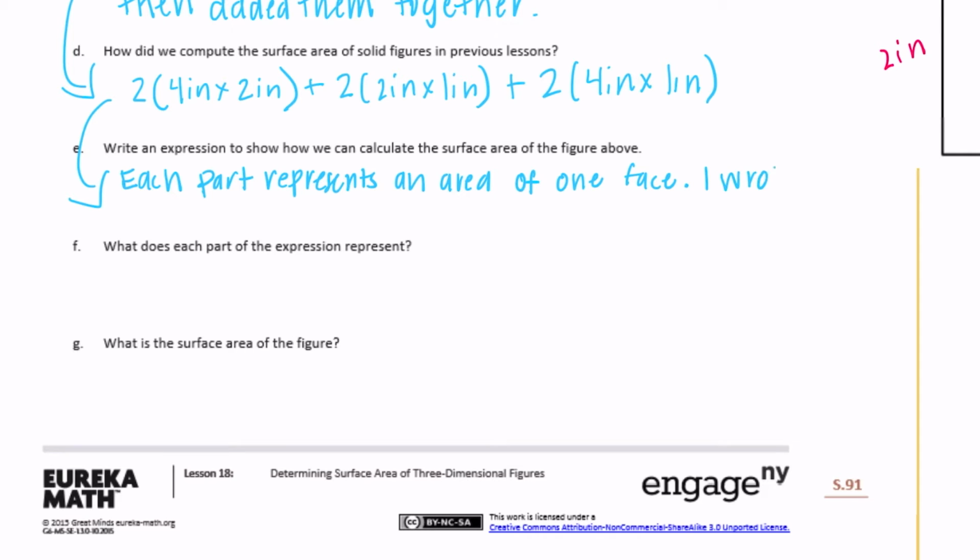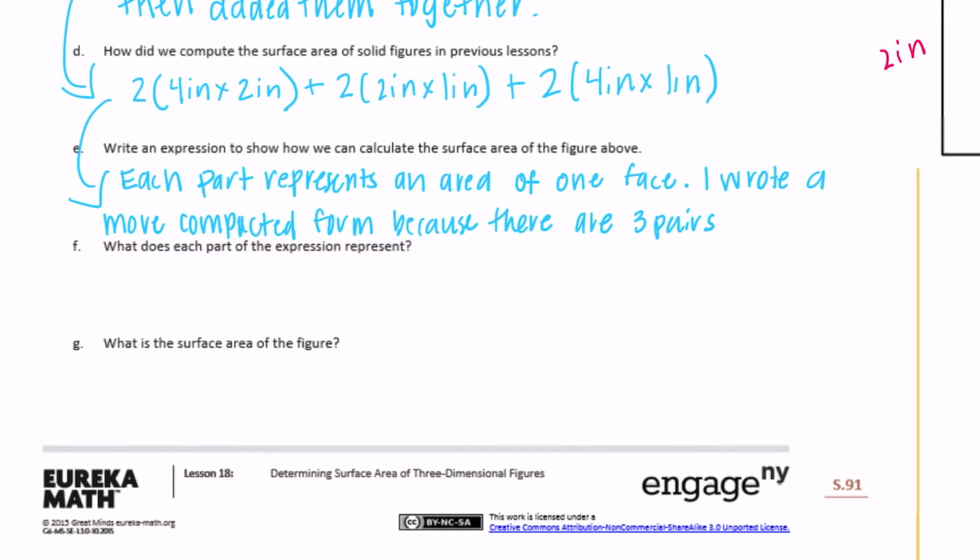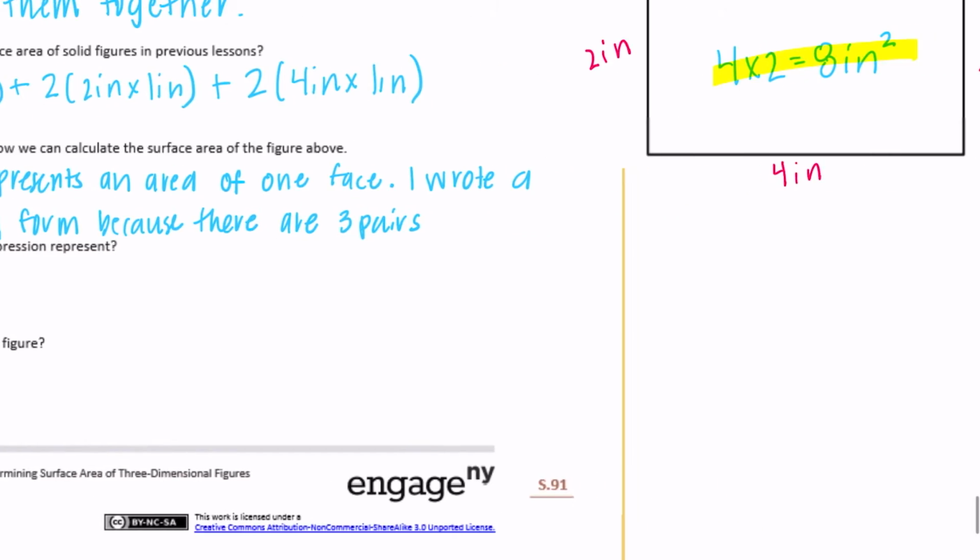I wrote a more compact form because there are 3 pairs of 2 faces that are identical.